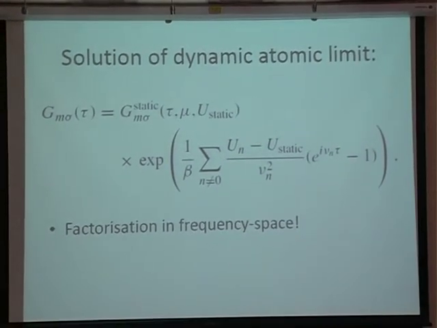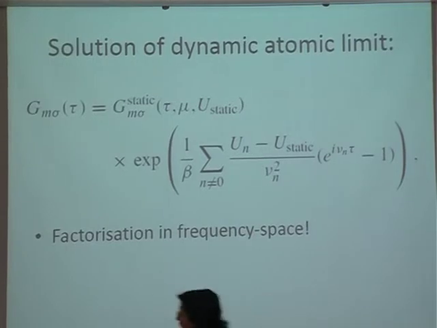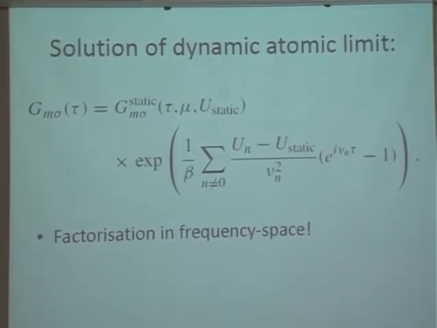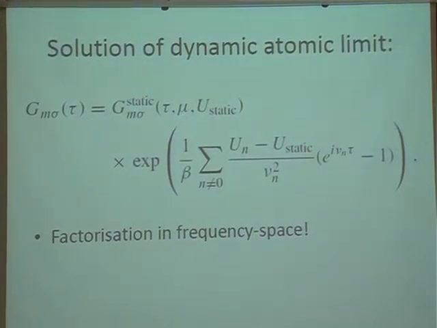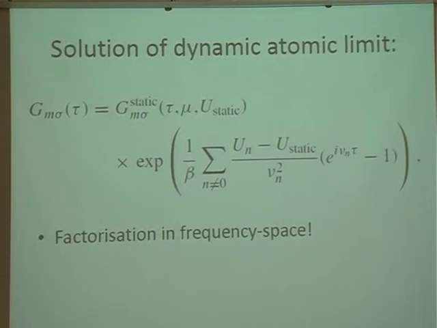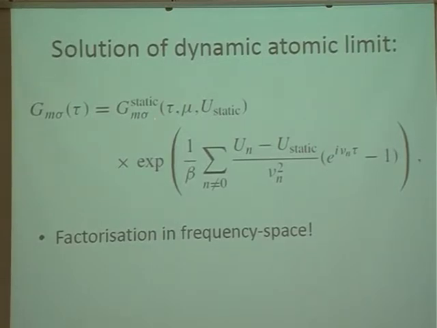What happens is that the Green's function for that case factorizes. It factorizes into something which is exactly the atomic limit Green's function that you studied yesterday for a case with static interactions, chosen as being the static limit of U, the U of 0, so to say.